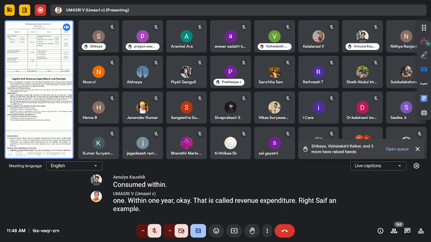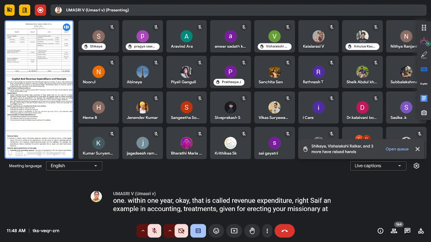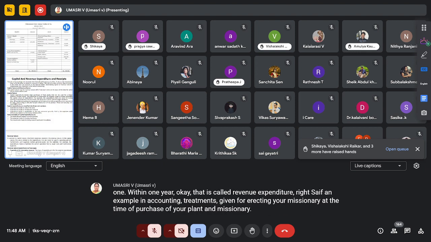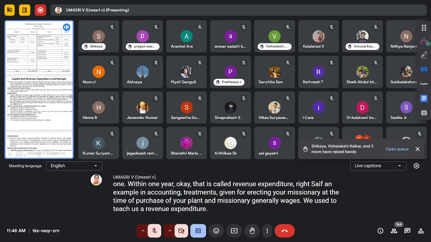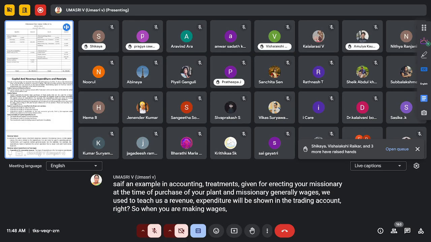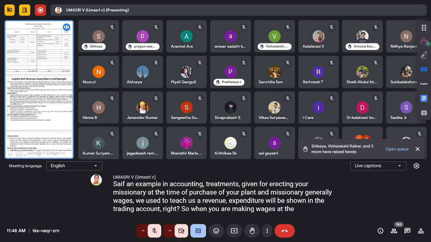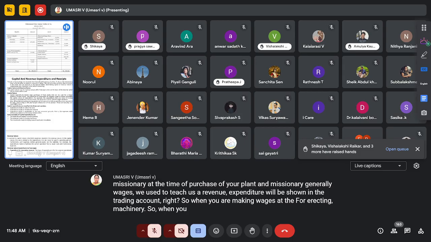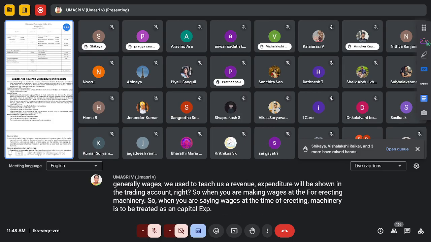Say for an example, in accounting treatment, wages given for erecting your machinery at the time of purchase of your plant and machinery. Generally, wages we used to treat as a revenue expenditure and show in the trading account, right? But when you are paying wages at the time of erecting machinery, it is to be treated as a capital expenditure.